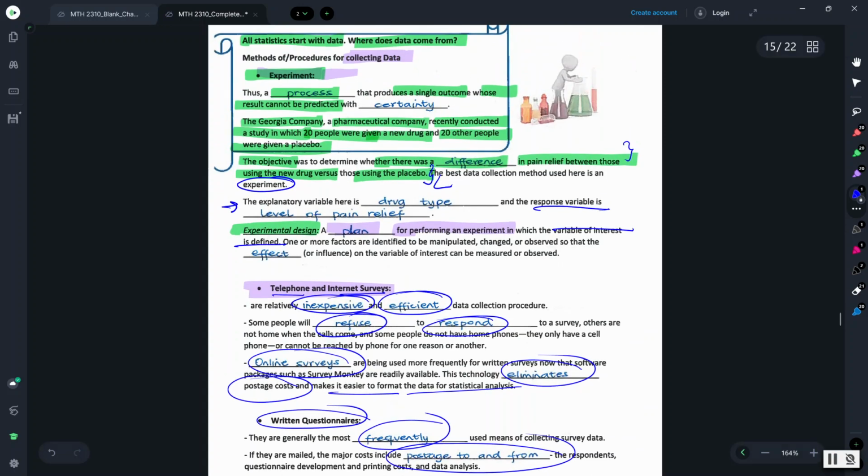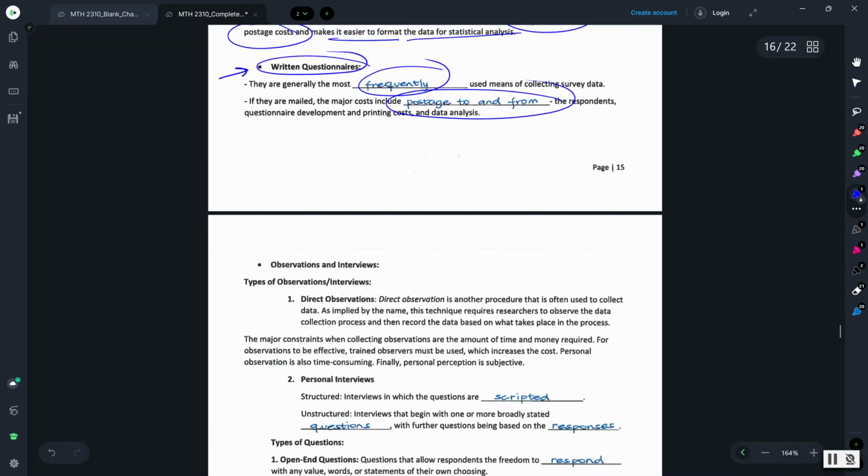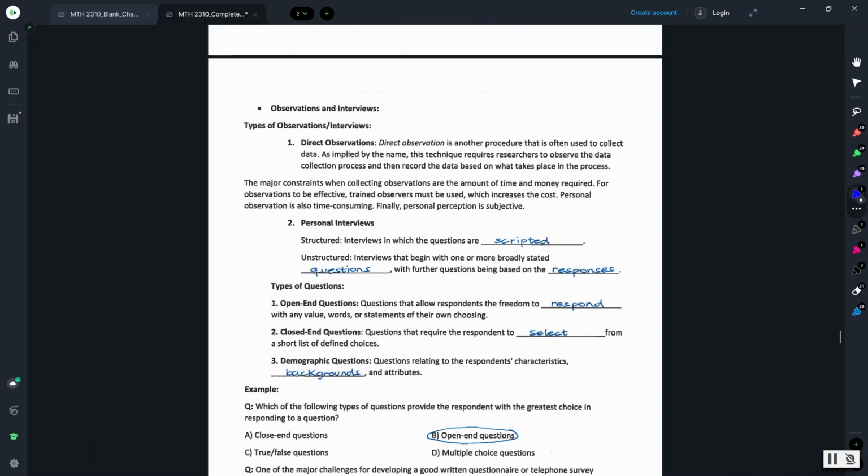So far, we've talked about experiments, we've talked about telephone and internet surveys, we've talked about written questionnaires. These are all examples of sources of data or instances from which we can collect data for analysis. There are more. Let's see on page 16. We talk about observations and interviews.